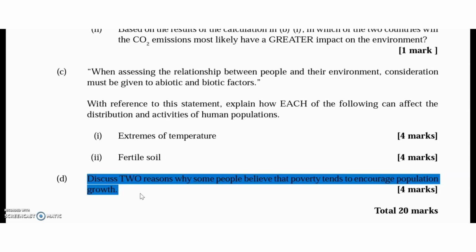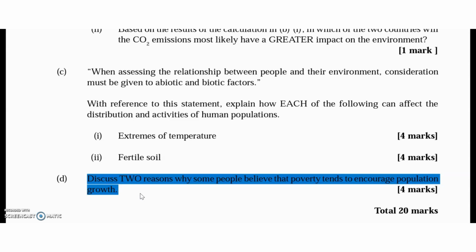Hence, they can bring in a lot of money and they will be able to exit poverty. But in reality, that is not the case. In reality, larger household numbers will tantamount to more mouths to feed, more resources to acquire, and that will actually put an economic strain upon the government.